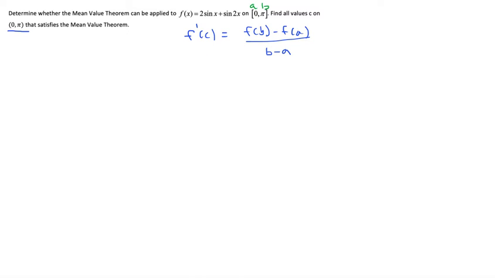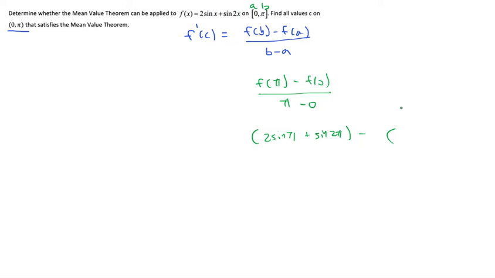So we're going to do this in steps, no particular order, but I guess we can find the rate of change first. So let's do that. We'll take f of pi minus f of 0 over pi minus 0. Well, what's f of pi? Let's plug this in. We get 2 sine of pi plus sine of 2 pi, minus f of 0.